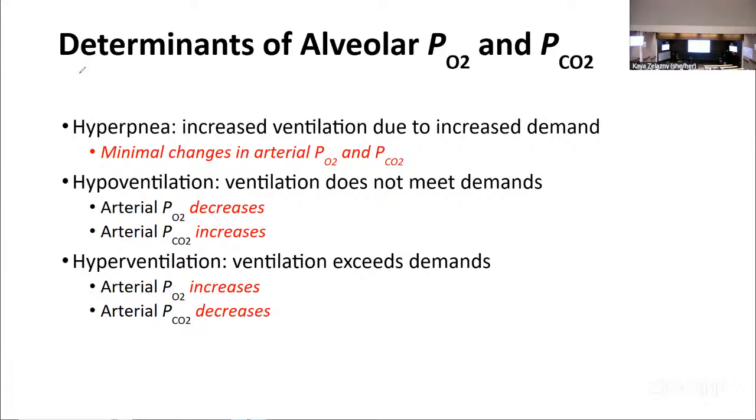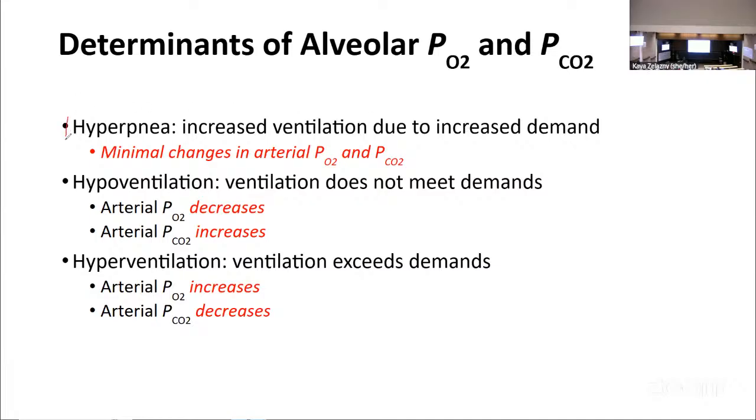And the same thing for carbon dioxide. We want the amount of carbon dioxide you're producing to be matched by the amount of carbon dioxide you're breathing out, okay? So if you are working extra hard, using extra oxygen, producing extra carbon dioxide, it's actually normal and good that you breathe a little faster, right?